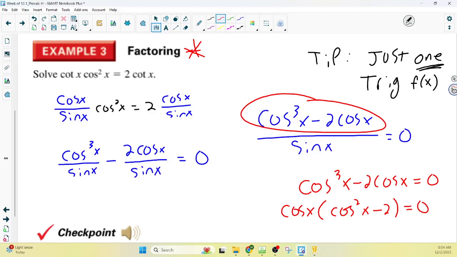I also have this other situation. I don't know how much we get into this, but I also realize that sine of x cannot equal 0. This is a side note. I don't know if we're going to have to deal with this. I wonder how the book will handle it. Sine of x can't equal 0, because if sine of x equals 0, the denominator equals 0, correct?